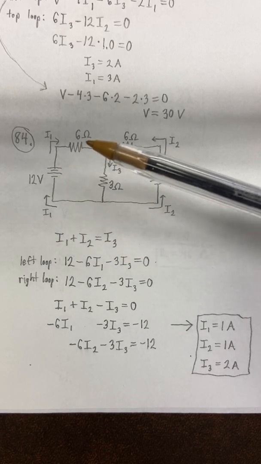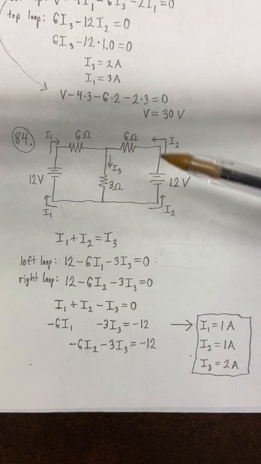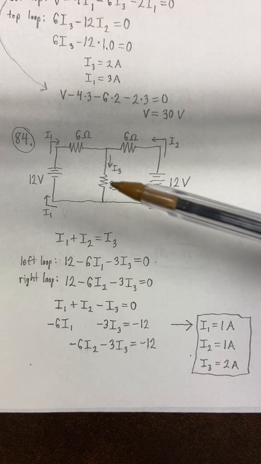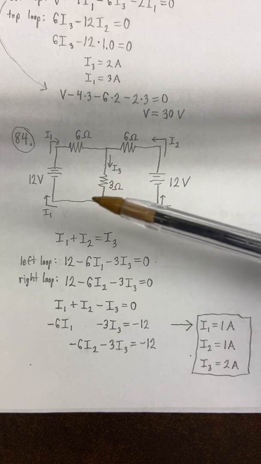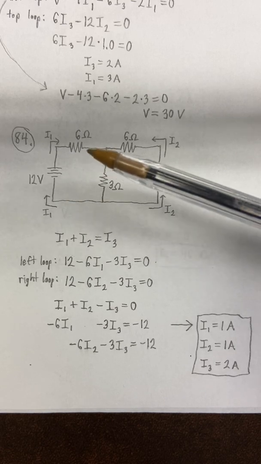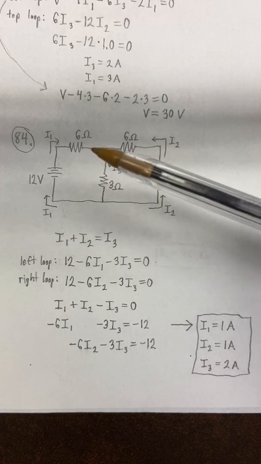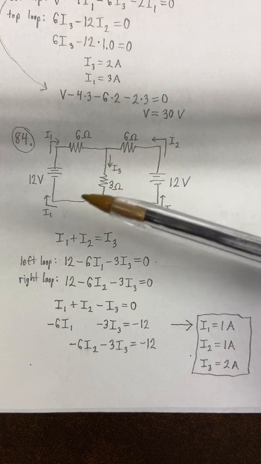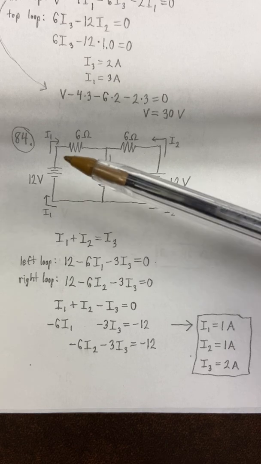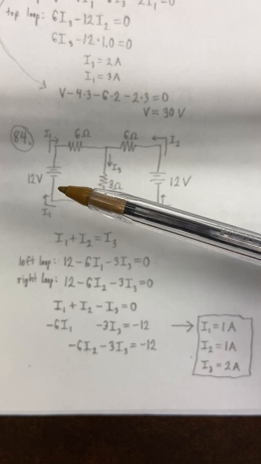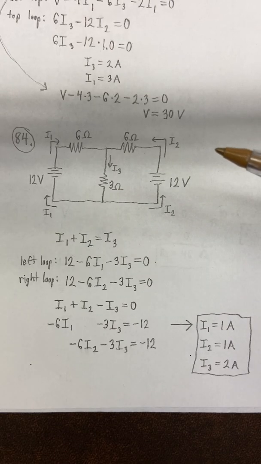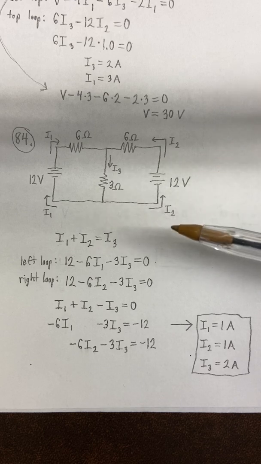Now our left loop is this guy over here, and our right loop is this guy over here. Let's look at the left loop. Okay, when your chosen direction, in this case we're going clockwise, matches up with the current arrows, well, in that case, a battery is a voltage jump and a resistor is a voltage drop.